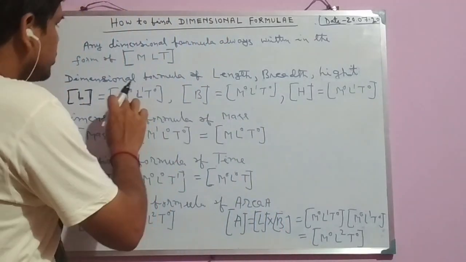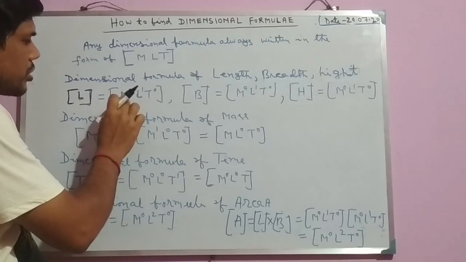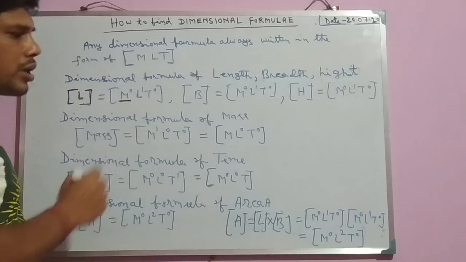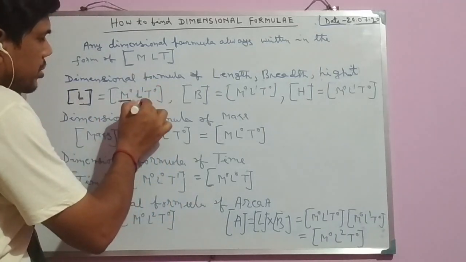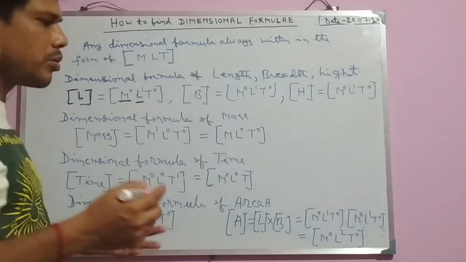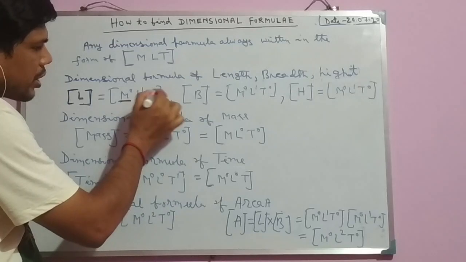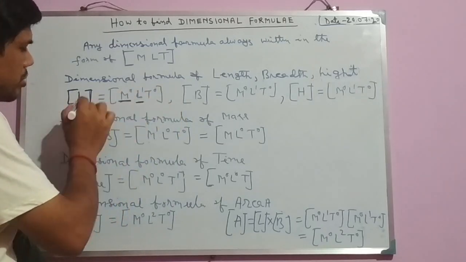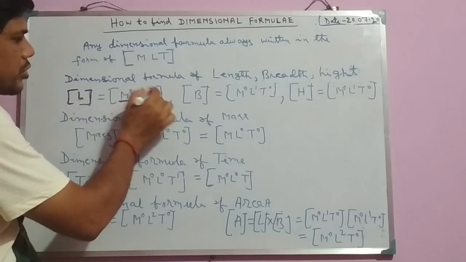Since length does not depend on mass, that's why we have written M to the power 0. Length is related, means length L, so it is written L to the power 1. You can write also just L, no problem. And it does not depend on time, so we can write T to the power 0. So what is the dimensional formula of length? M to the power 0, L to the power 1, T to the power 0.